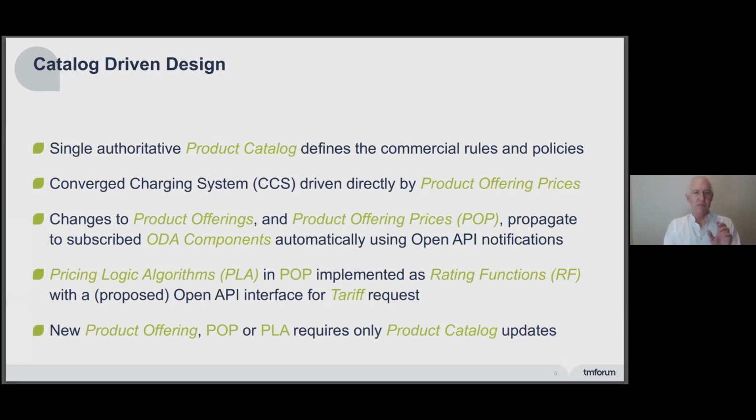So the pricing logic algorithm in the catalog is providing a reference to an external rating function, and that fits very well for what we're doing. So again, the important thing is if we're going to make changes to our commercial offers, that they can be done just in the product catalog, and those updates are reflected and used.